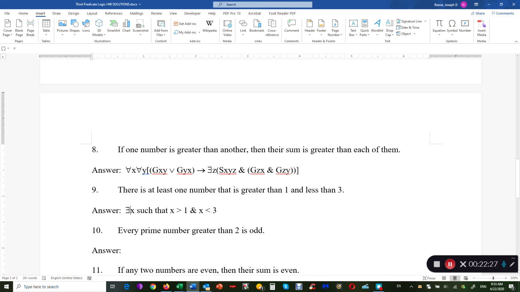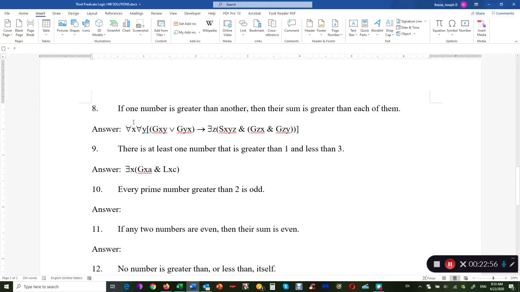What about that X? X is greater than 1, so greater than X, and then we put in the symbol for 1, and X is less than 3. So less than X, and we put in the number for 3. At least one number is greater than 1 and less than 3.